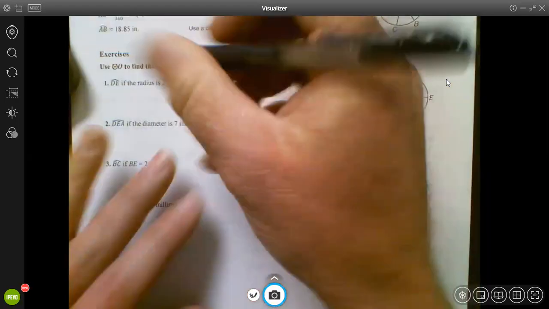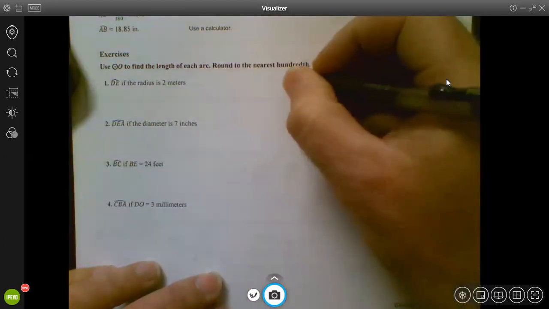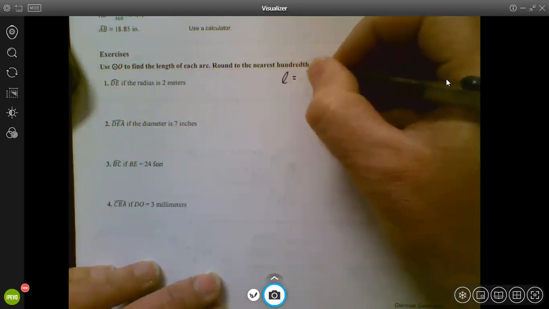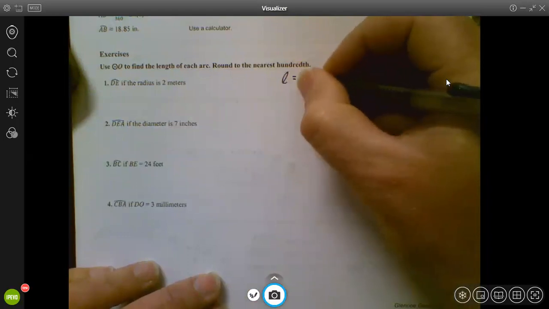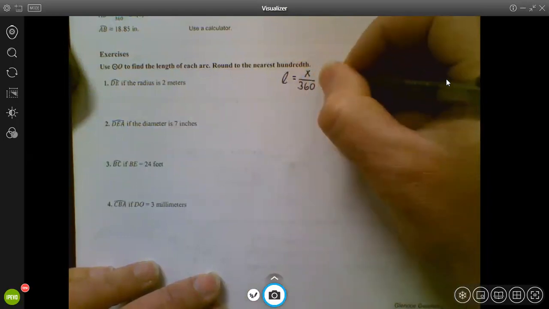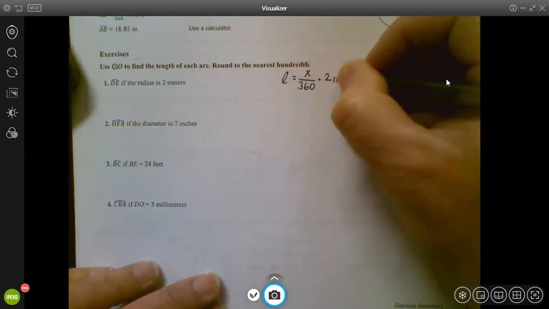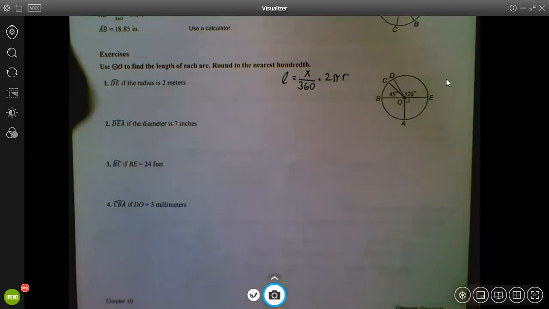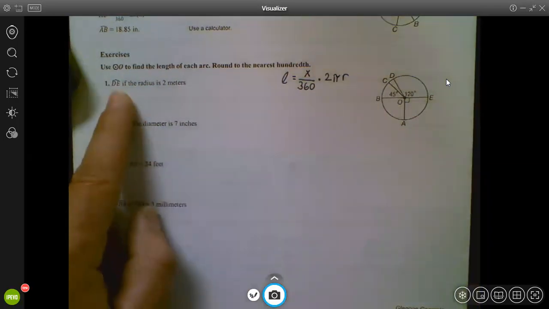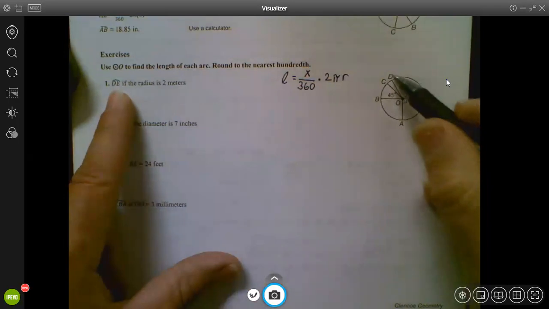I'm going to throw in the formula just so we always have it in front of us. So length is the arc measure out of 360, and we're going to multiply that by the circumference. All right, if we look at DE, here is DE.